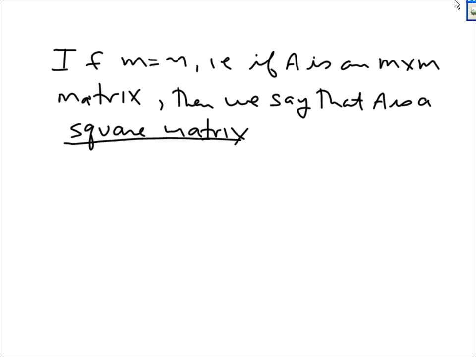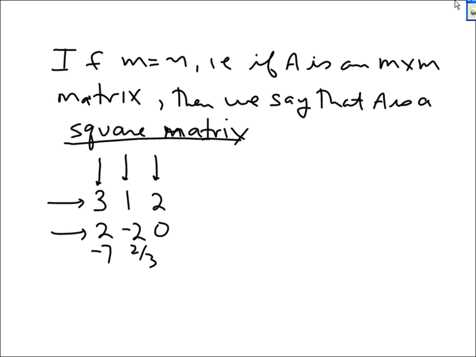Why square? I guess because it fits in a square. In other words, you have 3 columns, column 1, column 2, column 3, and row 1, row 2, row 3. We say this is a square mainly because the length and the width are the same.